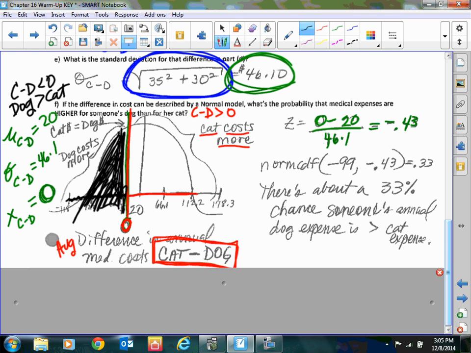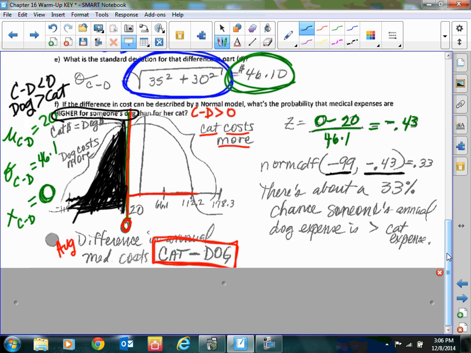So the question is, what is the probability that the medical expenses are higher for the dog? That is over here on the left. Higher for the dog. Dog is greater than the cat. So I went to norm CDF from negative 99 up to negative 0.43, and I get 0.33.